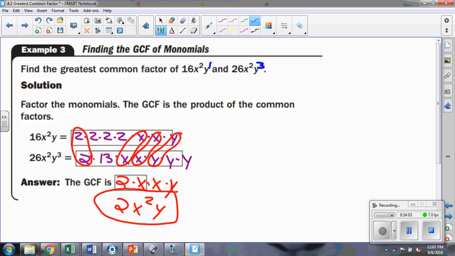Which one is smaller? 1 is smaller, and we wound up with a 1 for our greatest common factor. When you are looking for the greatest common factor, it's always going to take the smaller exponent. When the variable bases match, we will take the smaller exponent.